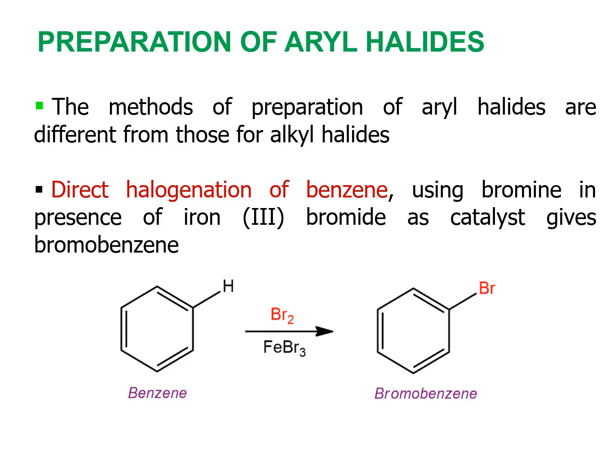The catalyst is iron 3 halide. So if it's bromine, it's going to be iron 3 bromide. If I want to chlorinate, my reagent will be chlorine molecule with iron 3 chloride. So that is how to obtain halobenzene.